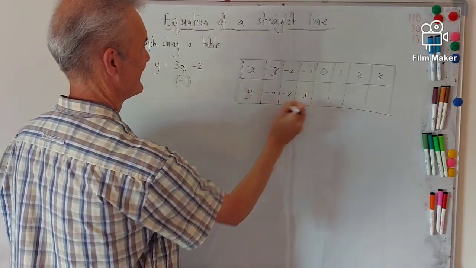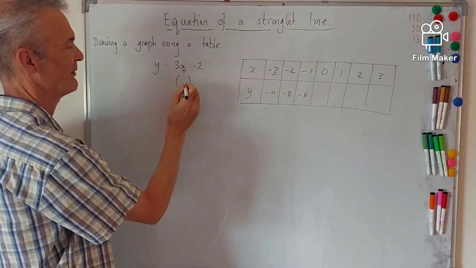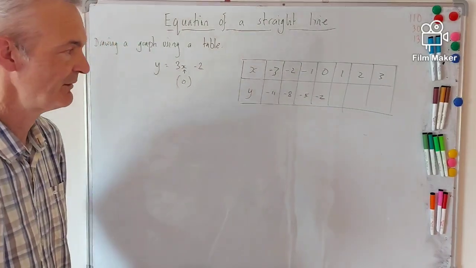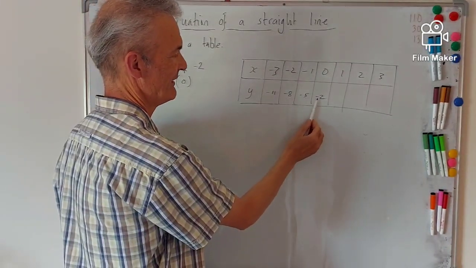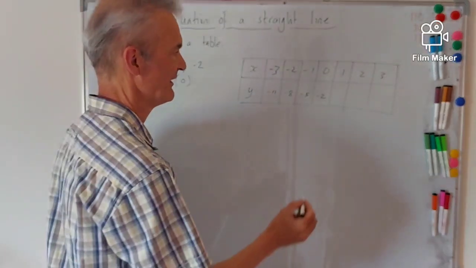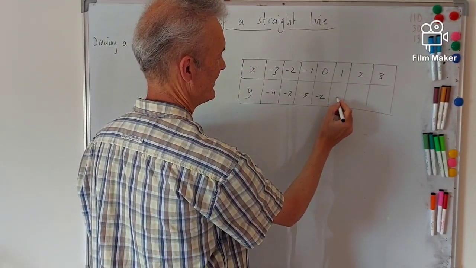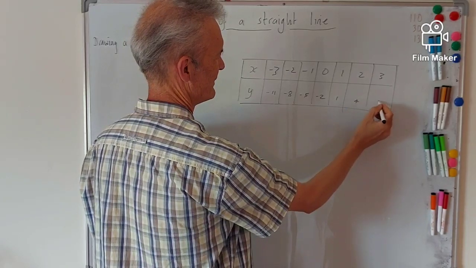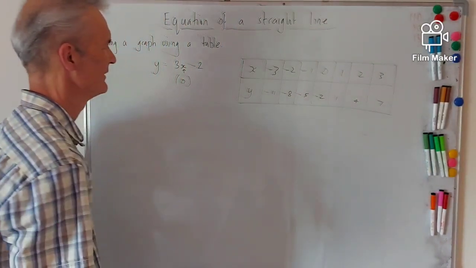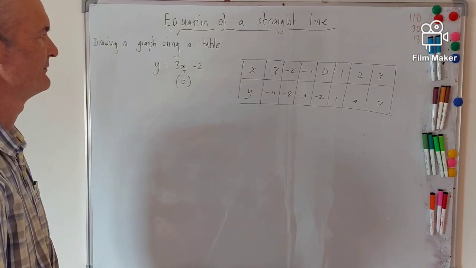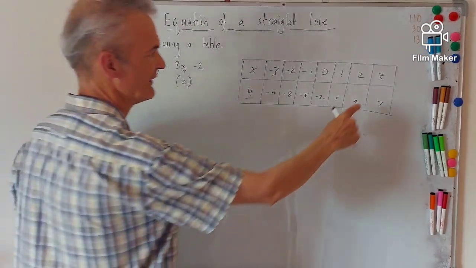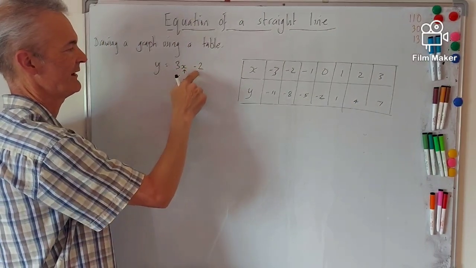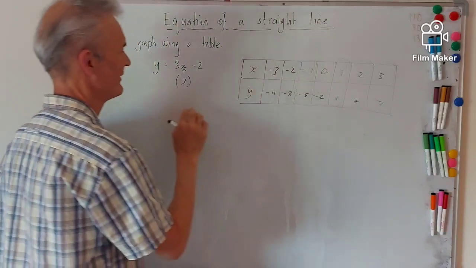Is that right? Then we're going to put 0 in there. So that's going to just give us -2. And you should notice at this point, it's going up in 3s each time, isn't it? So you know that's going to be 1, 4, and 7. If I just check, if I put 3 in there, 3 times 3 is 9, take 2 is 7. So that's the pattern.